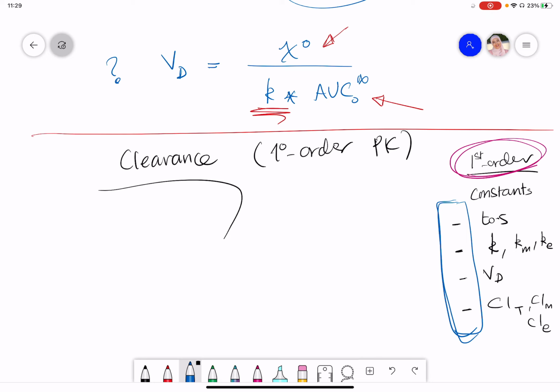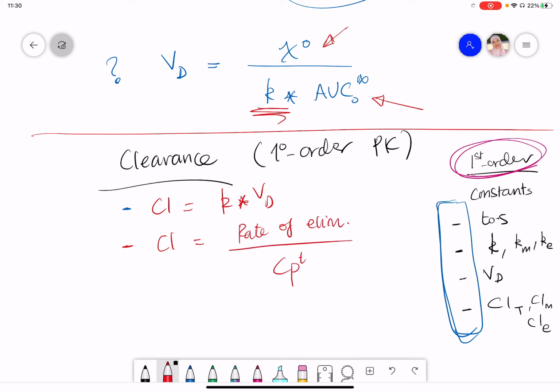For clearance, we used different equations to calculate or measure it. We have clearance equals K multiplied by VD. We have K equal to the rate of elimination over concentration.